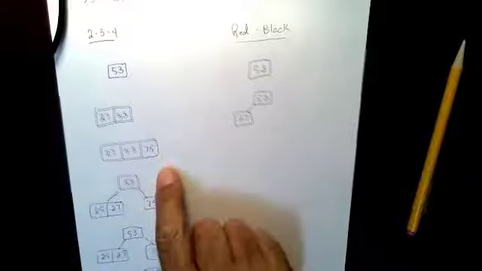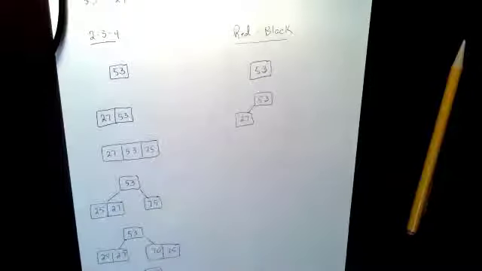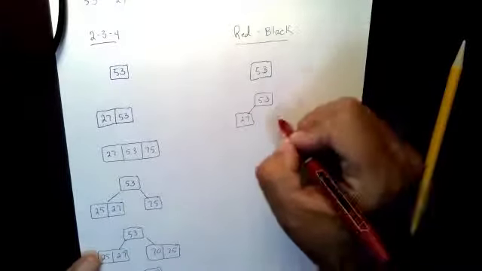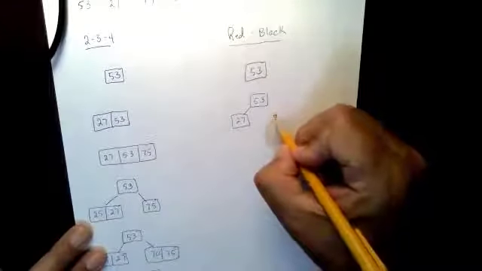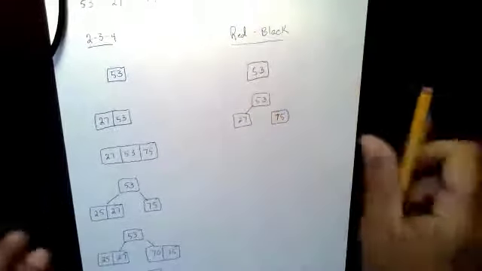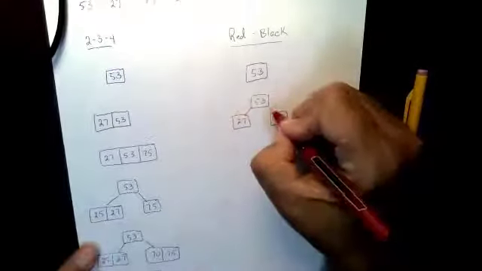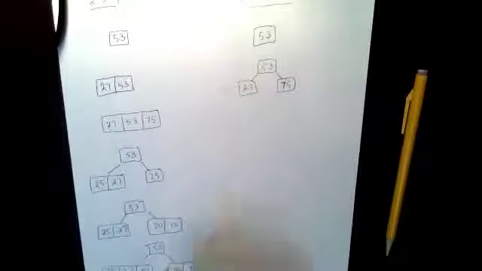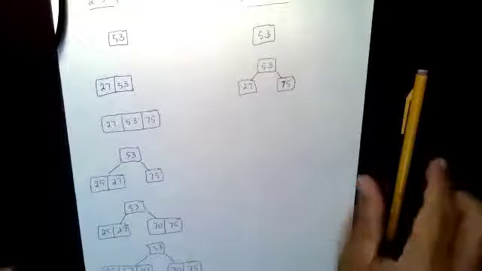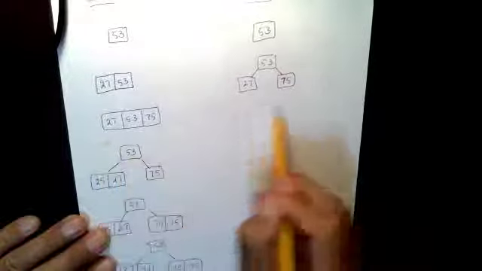If I now add 75, it's greater than 53, but it's still considered a sibling. I would connect it with red. So up to that point, everything's good.